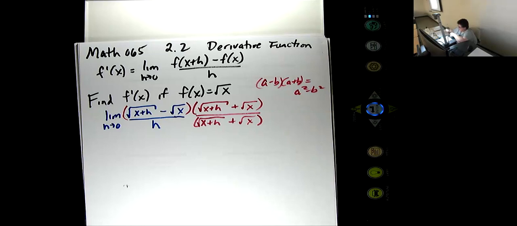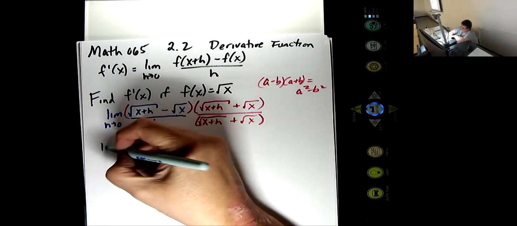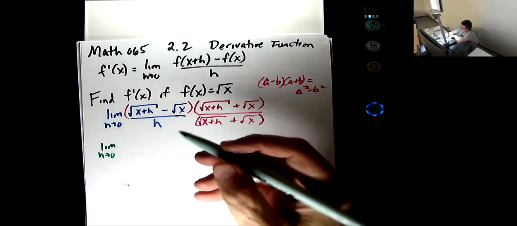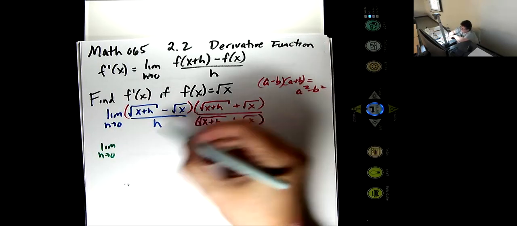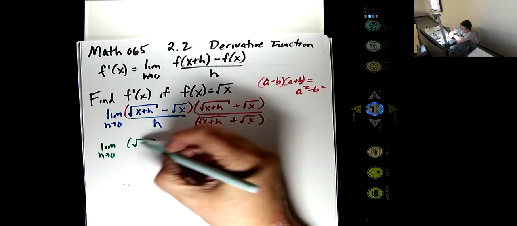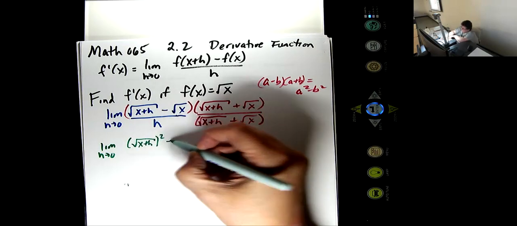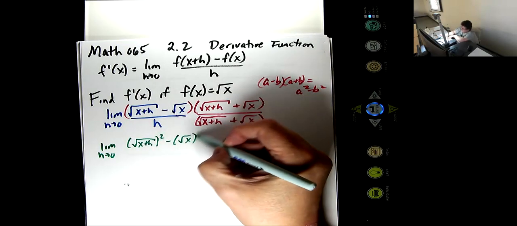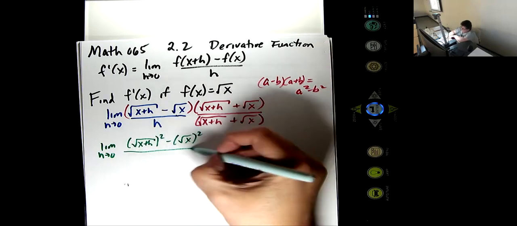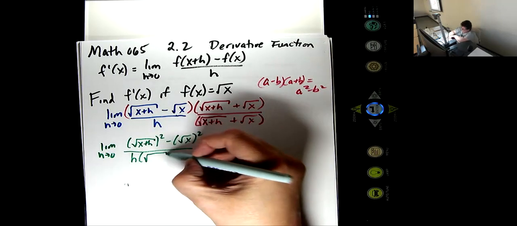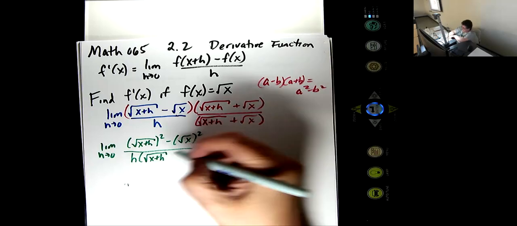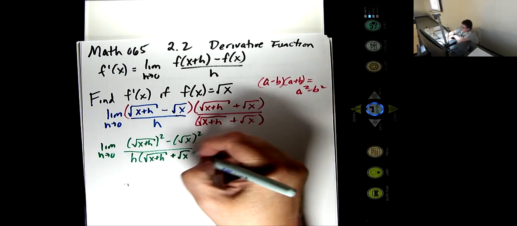And so as the limit as h goes to 0, this cleans up some. We've got square root of x plus h squared minus square root of x squared. And on the bottom, I'm not going to distribute. I'm just going to leave this alone because we saw that a lot of times the h cancels.